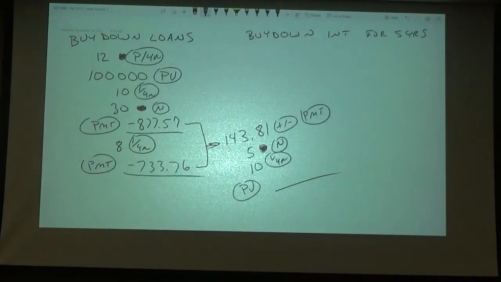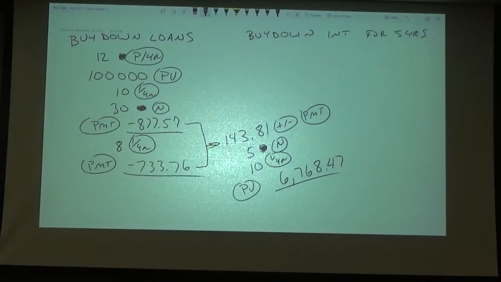Okay, 143.81, so minus payment, 5 shift N, 10% interest rate, so 6,768.47. Okay? Does that make sense?